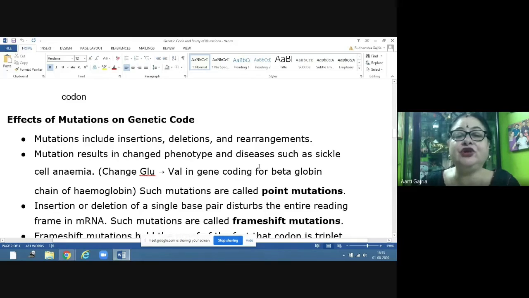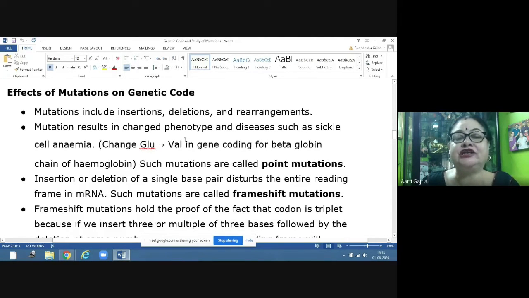For example, sickle cell anemia, which we have done. In sickle cell anemia, glutamic acid was changed to valine because of the change in the coding for the beta globin chain in hemoglobin.